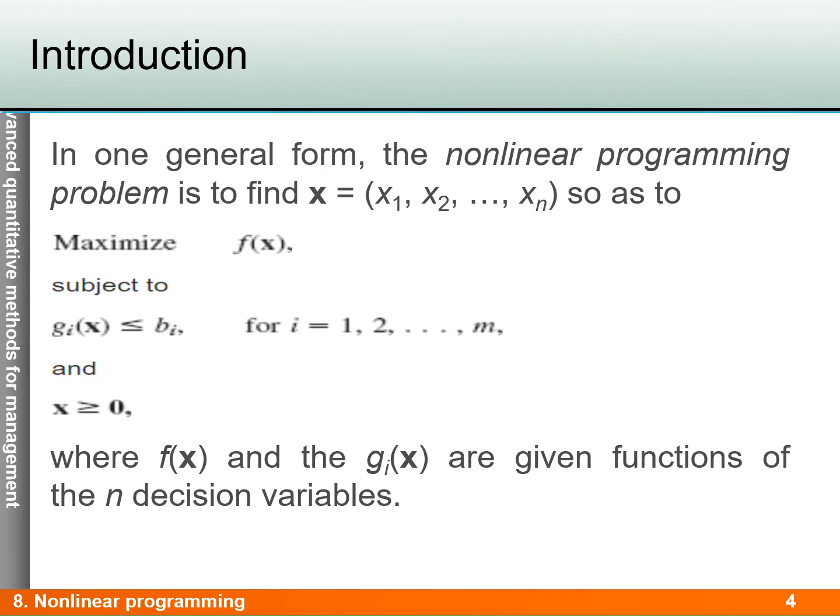In the general form of a nonlinear programming problem, the objective is finding the vector x, from x1 to xn. The form of this problem is similar to linear programming, which in standard form is maximizing the function f(x) subject to g_i(x) less than or equal to b_i.